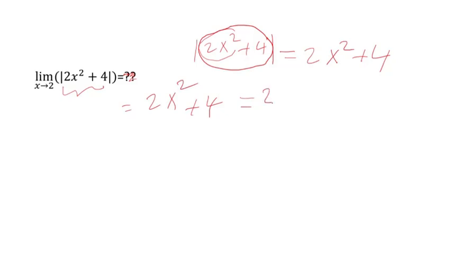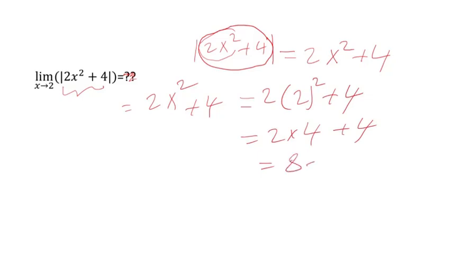Then you just replace x with 2. 2 times 2 squared is 4, plus 4. 2 times 4 is 8, plus 4 is 12.